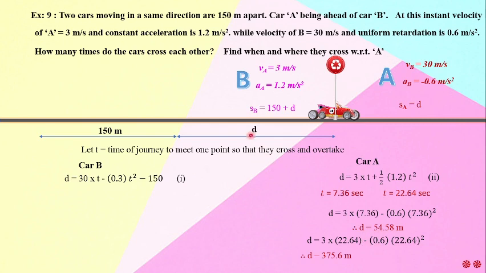So we got D, that is the displacement of car A. Now we have to find out the displacement of car B. Is it okay? So distance travelled by B will be equal to what?